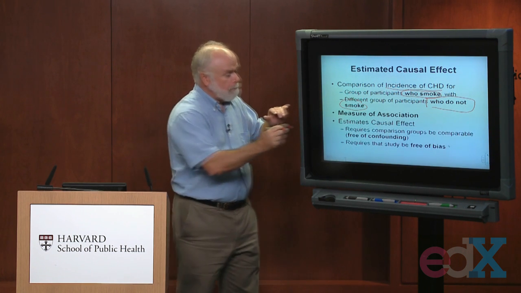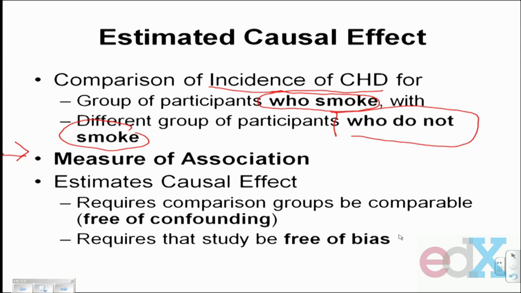And then we're going to build a measure of association, something like a risk ratio, a rate ratio, an odds ratio, things I'll define in future lectures, that links, in a quantitative sense, presence or absence of smoking with the development or not of coronary heart disease during the 24 years of follow-up.